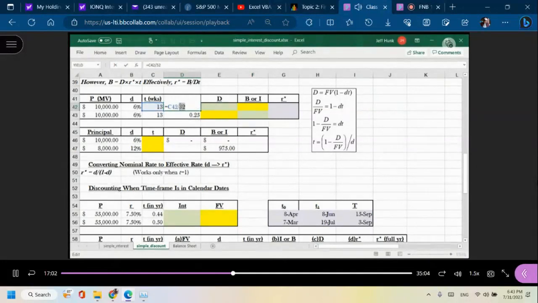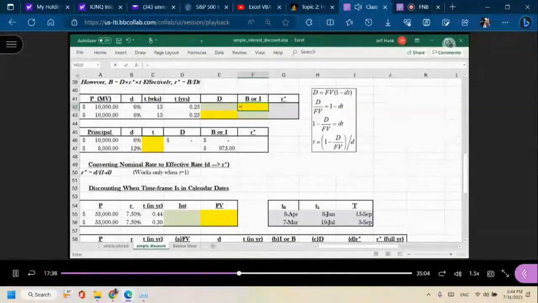Normally you don't do this, because this is hard coding. I would rather put weeks in year somewhere else, in another separate data table. But anyway, that's 13 weeks, half a year, right?